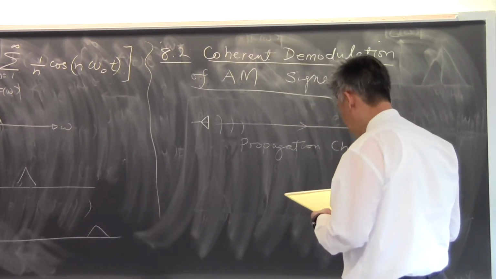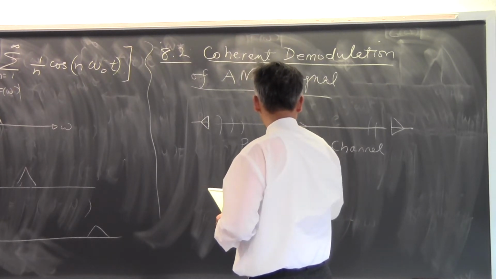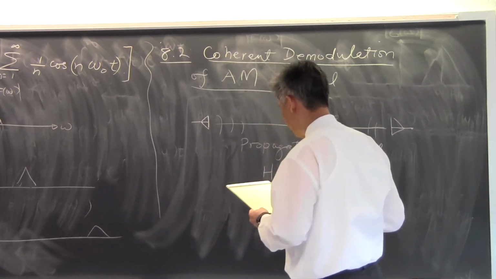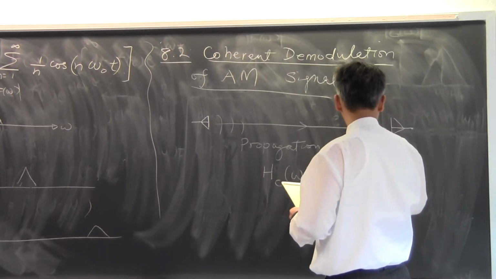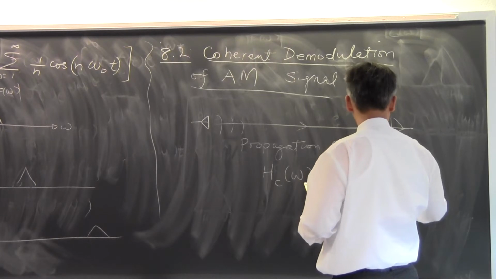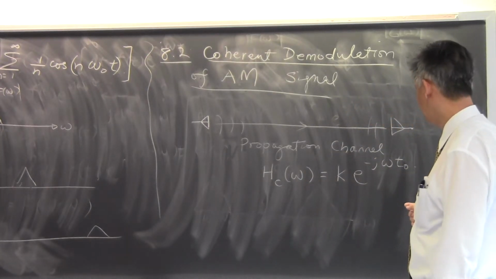To model the time delay, we model the transfer function, or the frequency response, to be equal to just a constant K times e to the minus j omega t naught. That is what would cause a time delay.